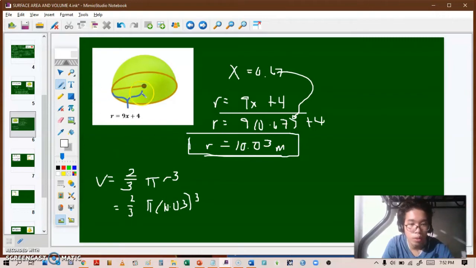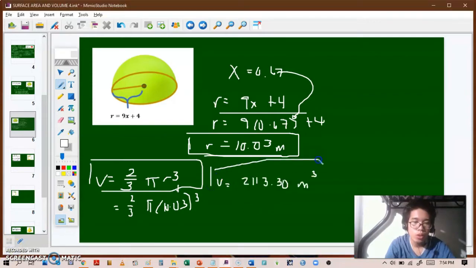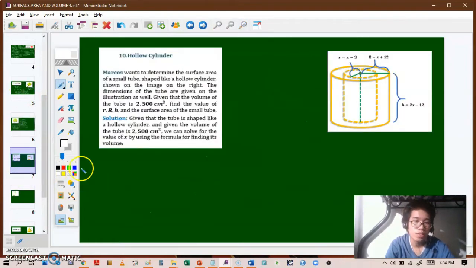Then we need to solve for the volume, so we use the formula for the volume of a hemisphere, 2/3 pi r cubed, and substitute r equal to 10.03. We get a volume of 2113.30 cubic meters. So that's the volume, this is the radius, and we got x, which is 0.67.